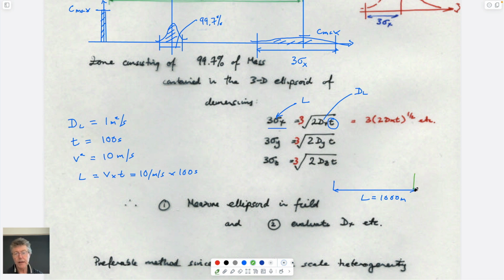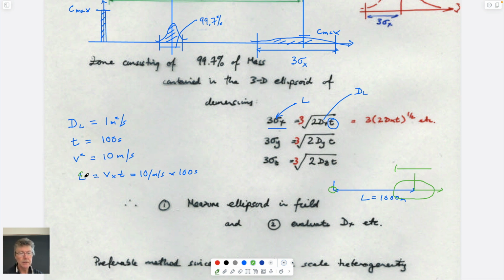And relative to that location, the plume which originated from this point here would look like this. I guess I've switched my terms.